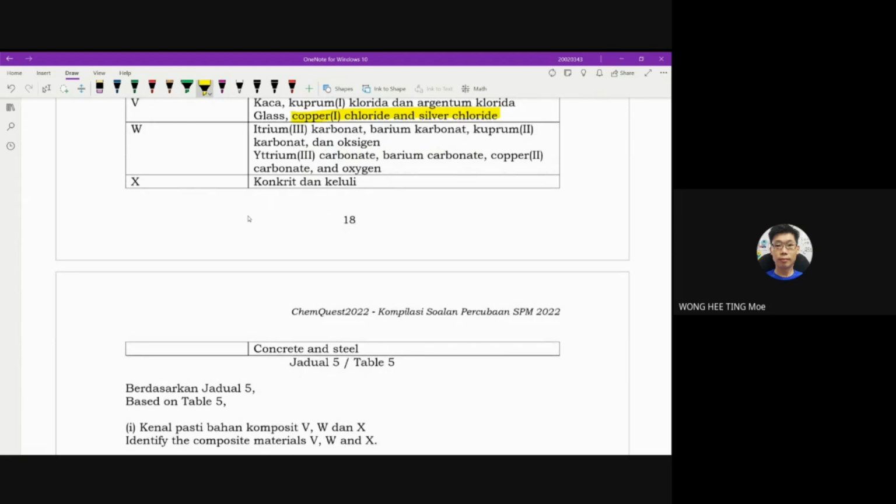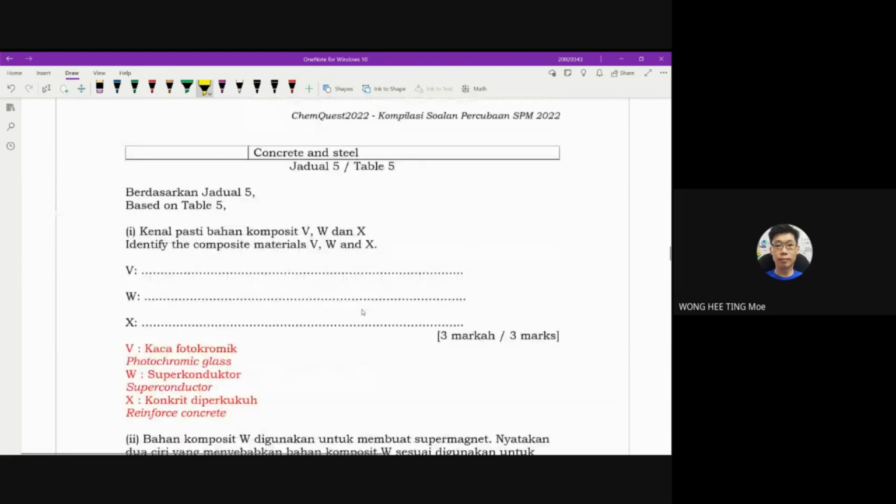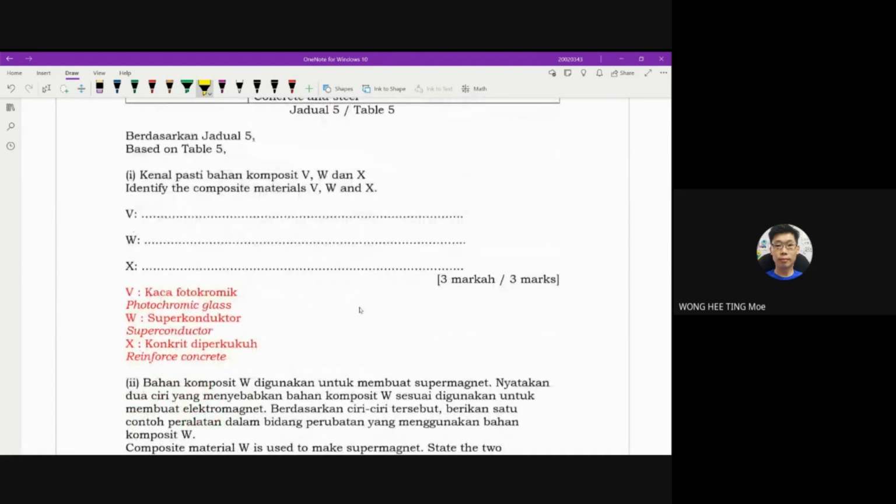Anyone know? Okay, superconductor. Yes, very good. Then X, concrete and steel, so it is reinforced concrete. Very good.